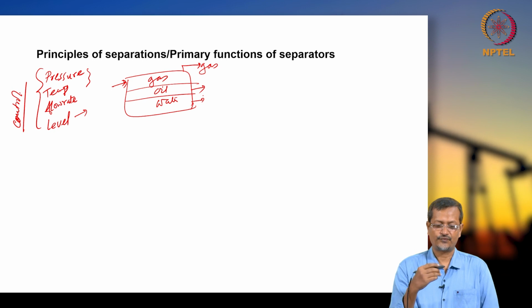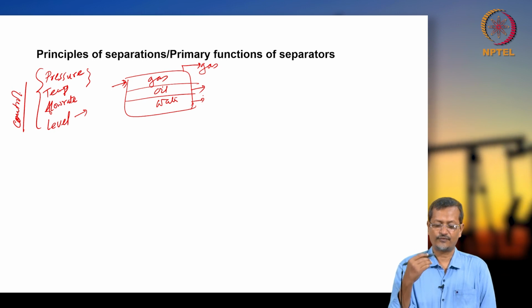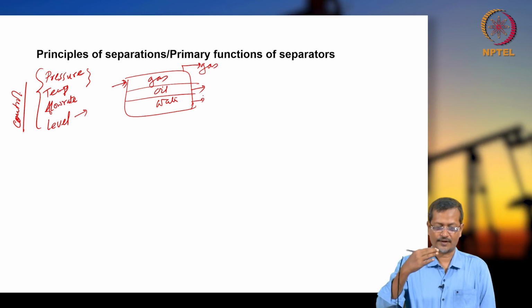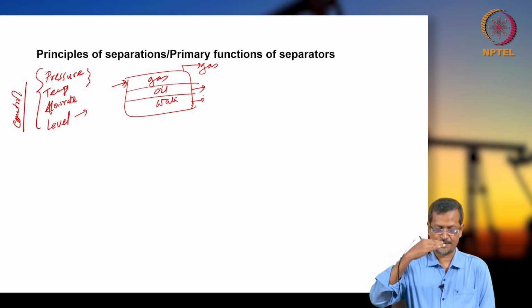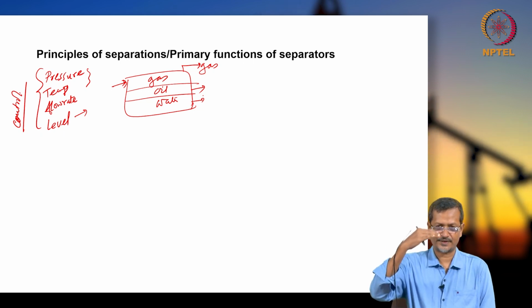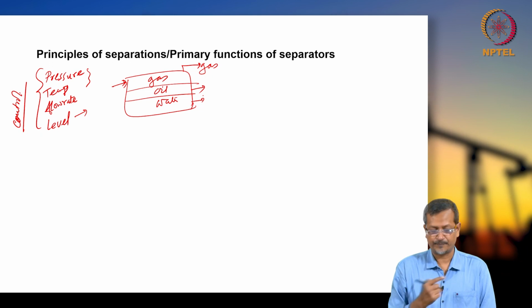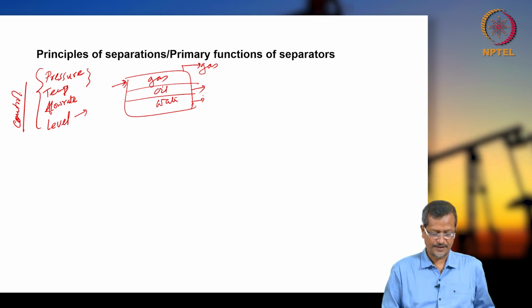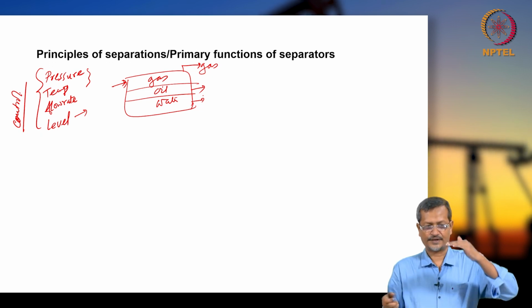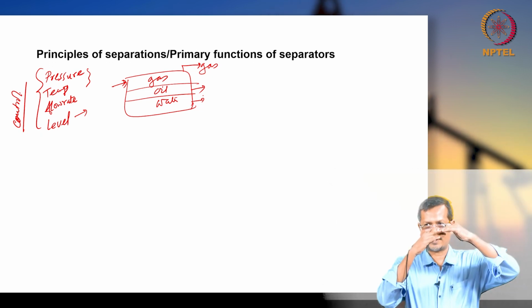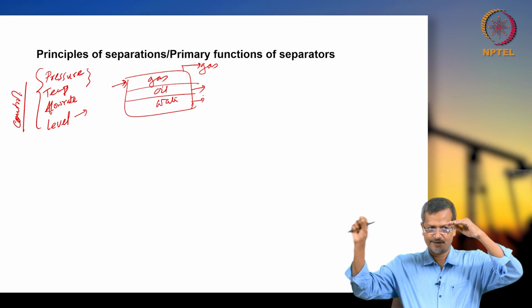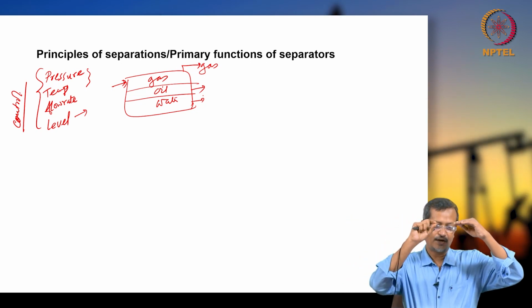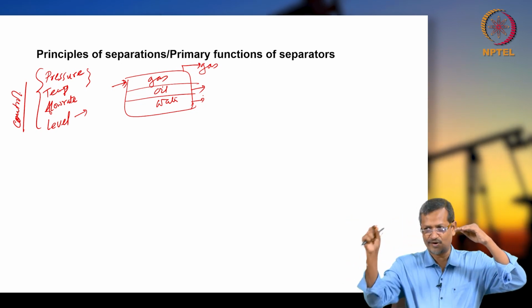Now, if you do not maintain the level of water, how much water will be inside the separator, how much oil will be inside the separator, how much gas will be in the separator, there will be a problem. Why? Because say the water level is gradually increasing, slowly increasing. So if water is entering the oil outlet line, then at the oil outlet you are actually getting water instead of oil.